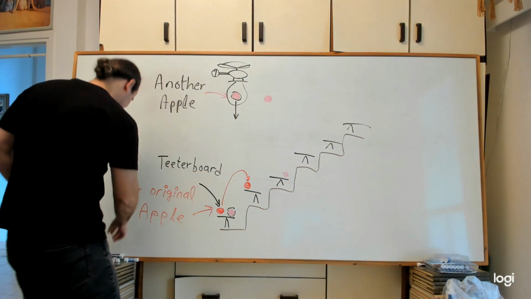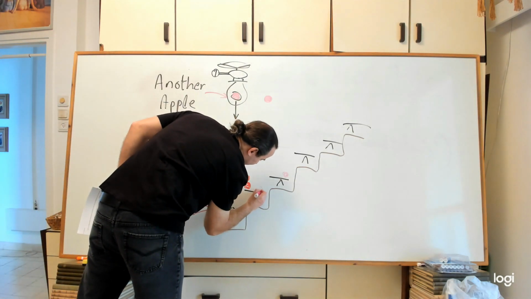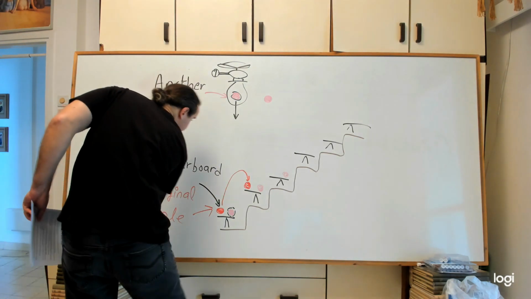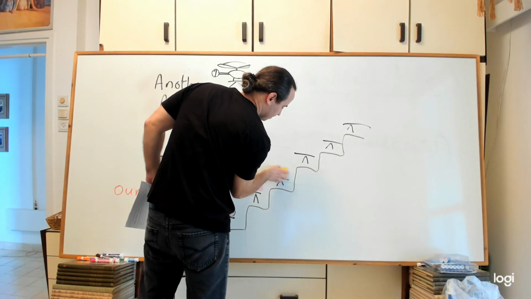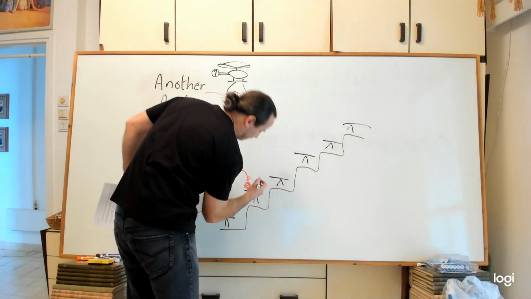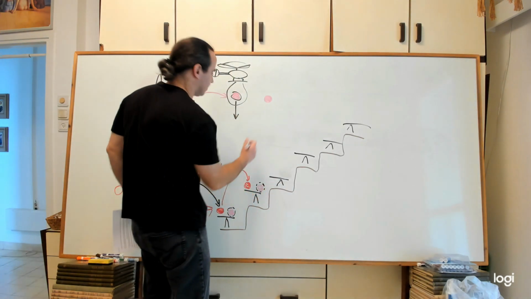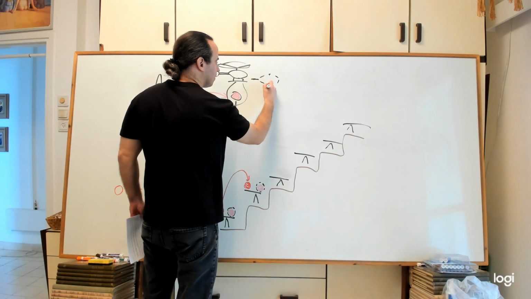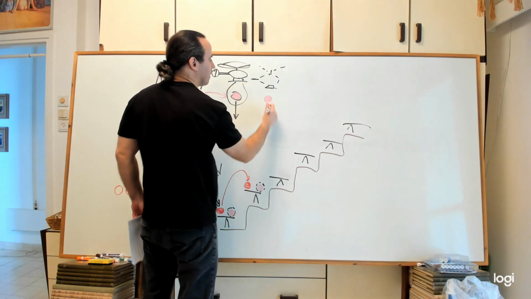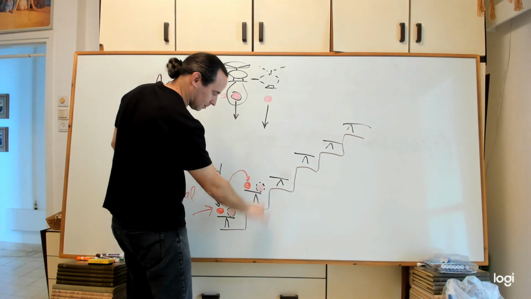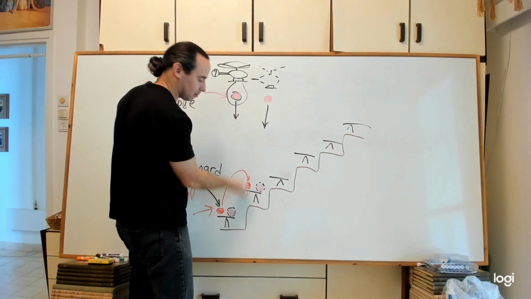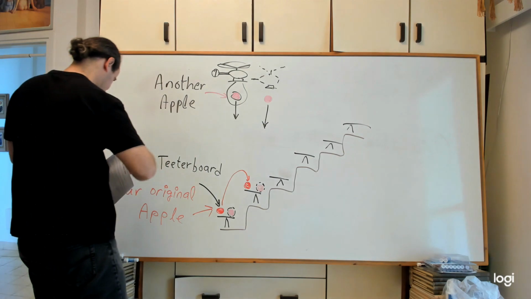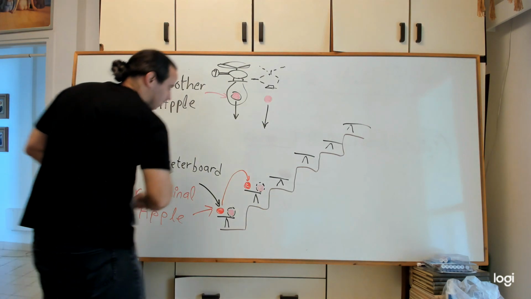Oh, sorry. Another apple. And okay, this is the helicopter after a while. And this apple, this side goes down, this side goes up, and the original apple is jumping to the next teeterboard.